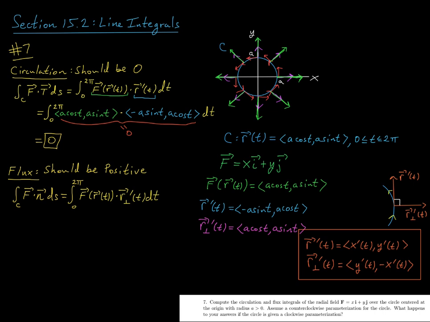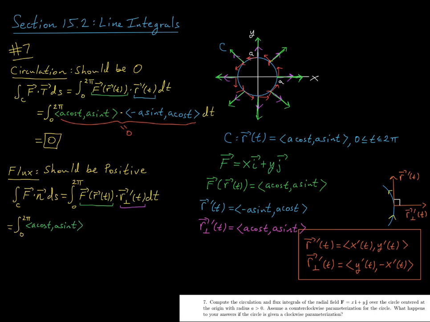Okay, so with that, let's go ahead now and compute this integral. So I'm going to take these two quantities and punch them into the integral. This gives us the integral from 0 to 2 pi, and then we're going to have our a cosine, a sine.